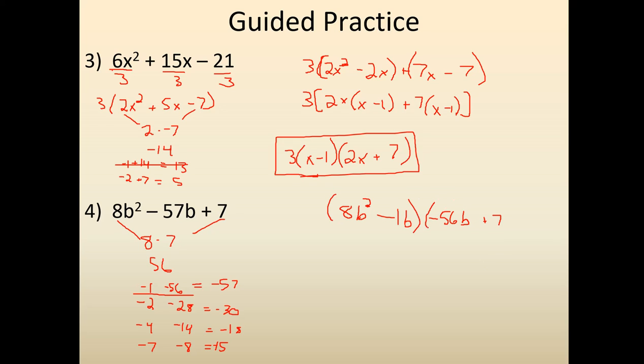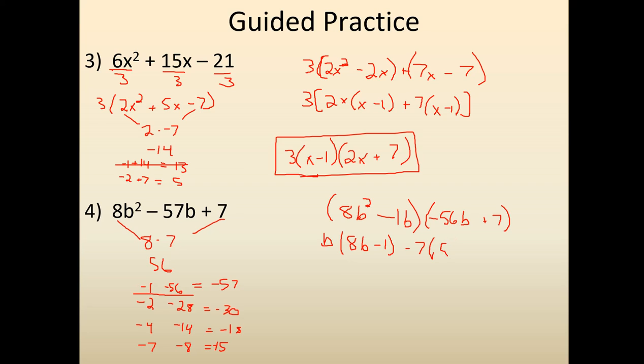So grouping these two, let's see. This one I could pull out a b from both terms. So I end up with 8b minus 1. And from here, I'm going to be able to pull out a negative 7.